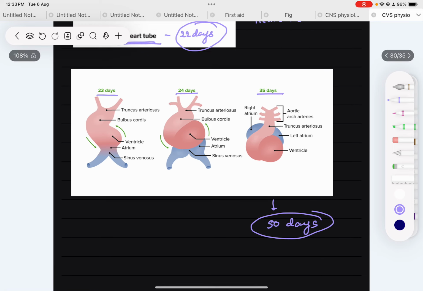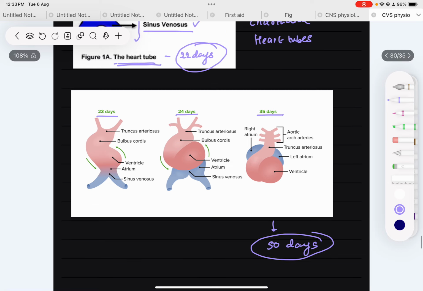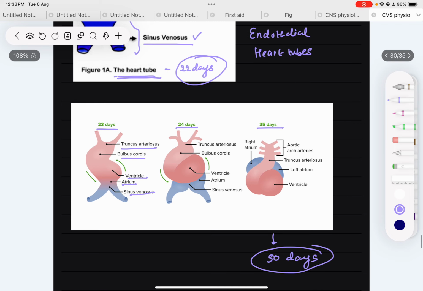So 23, 24 and 35 days: if you want to remember, you can, but it is not very important. As you can see, sinus venosus, atrium, ventricle, bulbus cordis and truncus arteriosus.